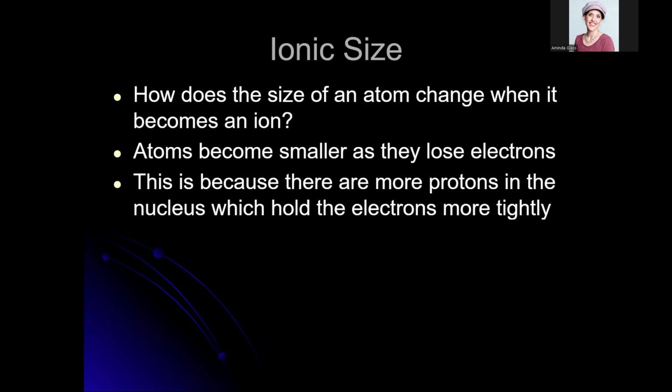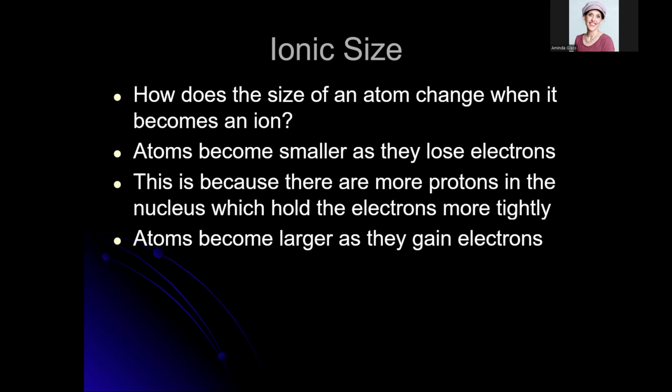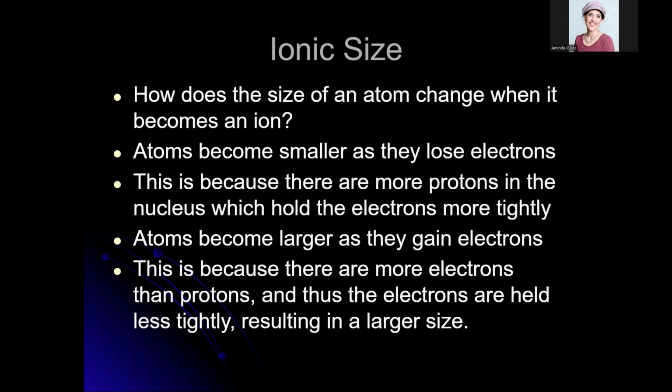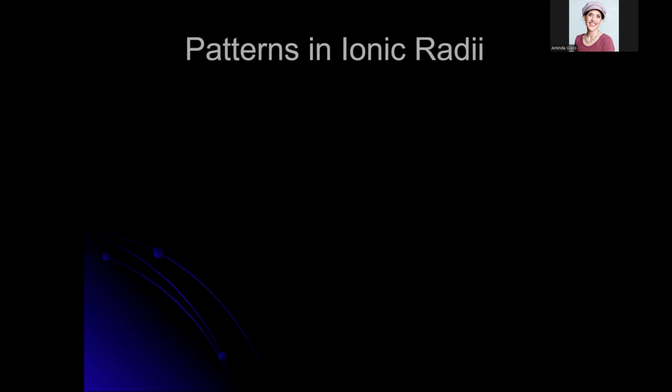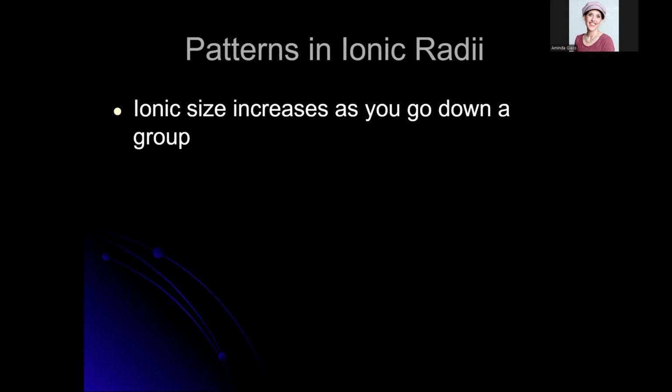If it becomes smaller from losing electrons, this is because there are more protons in the nucleus, which hold the electrons more tightly. Atoms become larger as they gain electrons because you have more electrons than protons. And so again, you have a charge imbalance. The electrons are held less tightly, resulting in a larger size.